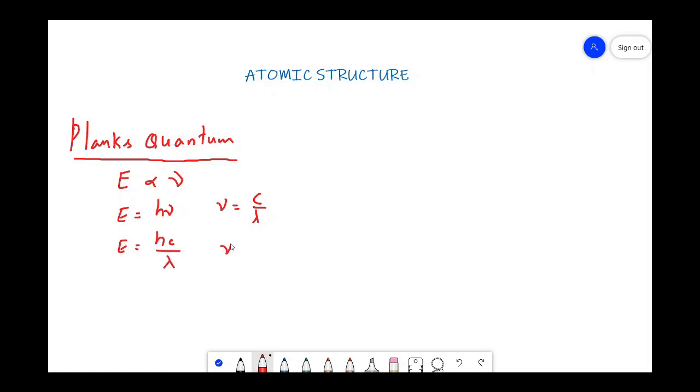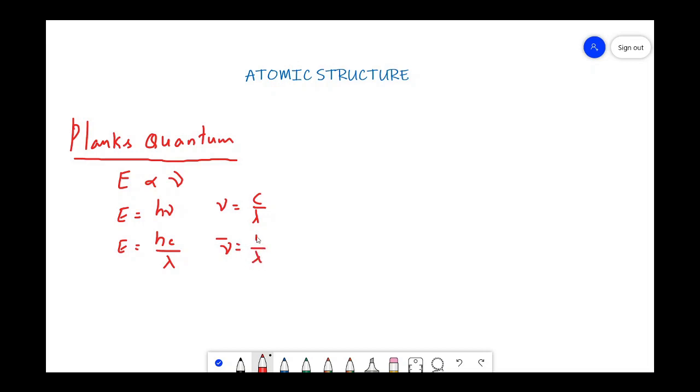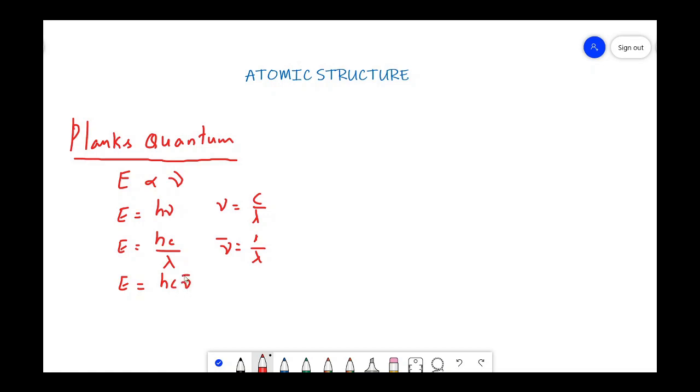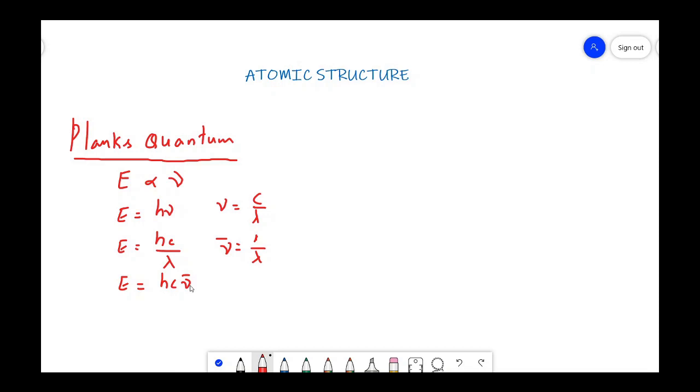Next we have wave number, that is nu bar is equal to 1 by lambda. So we can also write this as E is equal to hc nu bar. Here nu is frequency, c is velocity of light, lambda is wavelength, and nu bar is wave number. So try to remember all this.